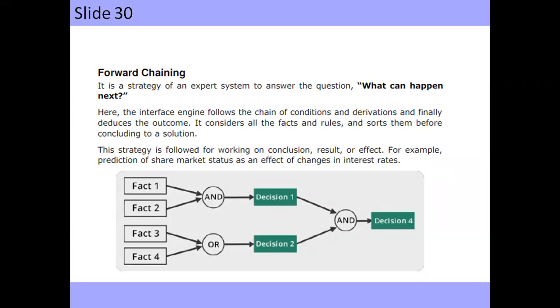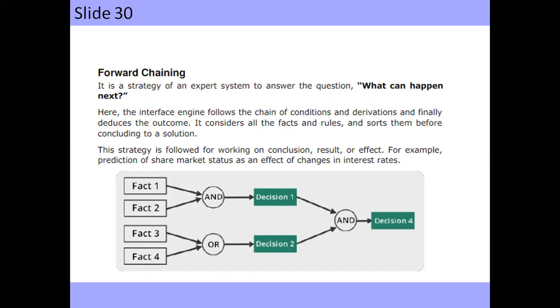In forward chaining, it begins with the information that is already accessible, and then uses the inference rules to extract more information. Here the inference engine follows the chain of conditions and derivations and finally deduces the outcome.